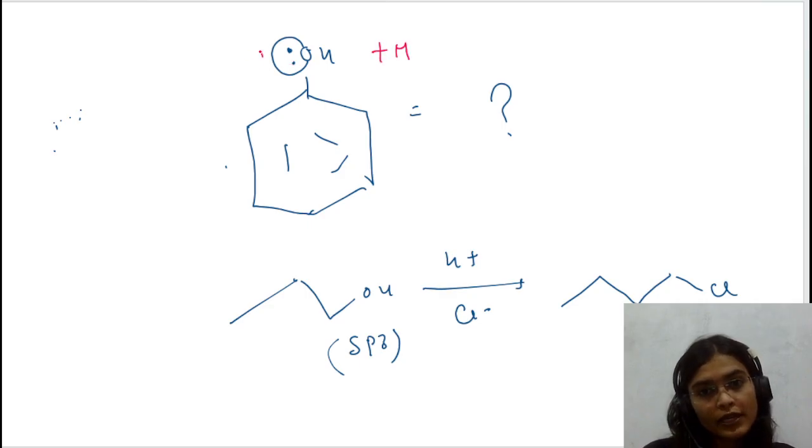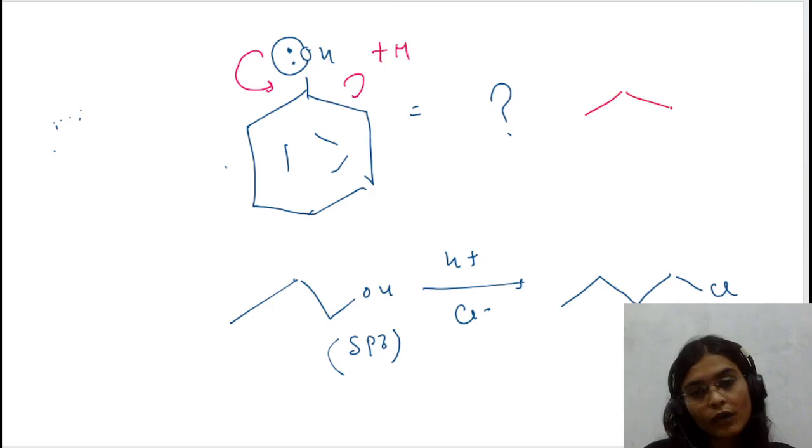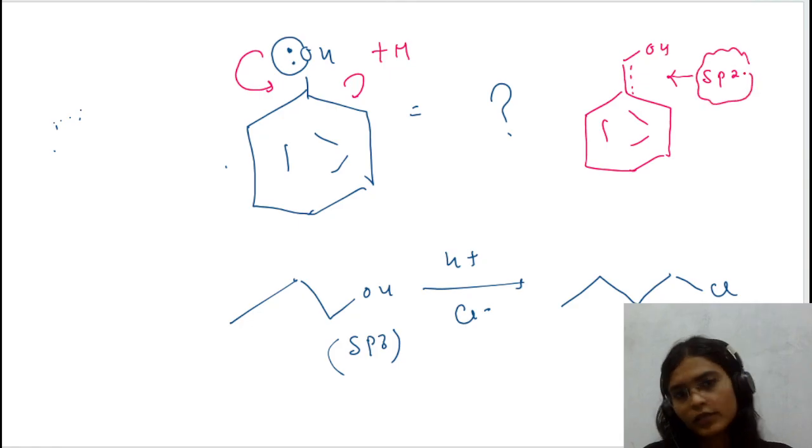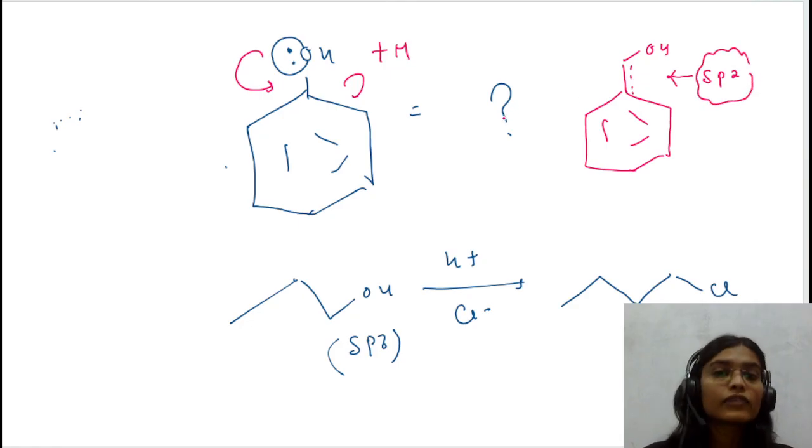So the lone pair starts moving inside the ring like this, and because of this, the bond looks like a benzene with a partial double bond character. It means due to the resonance, it achieves some sp2 hybridization kind of character and is difficult to break. That's why it's difficult in benzene to directly undergo this kind of reaction.